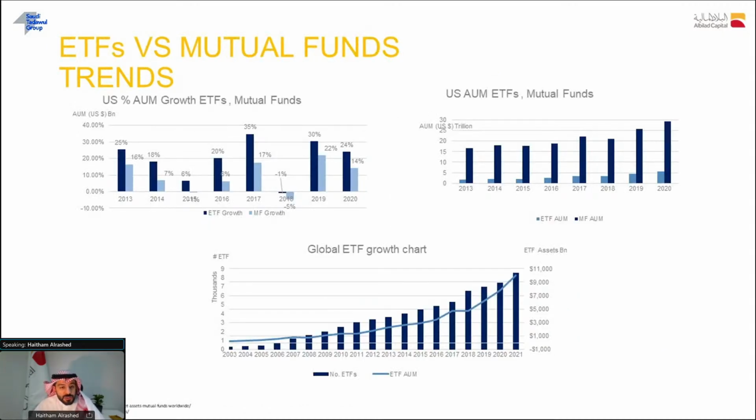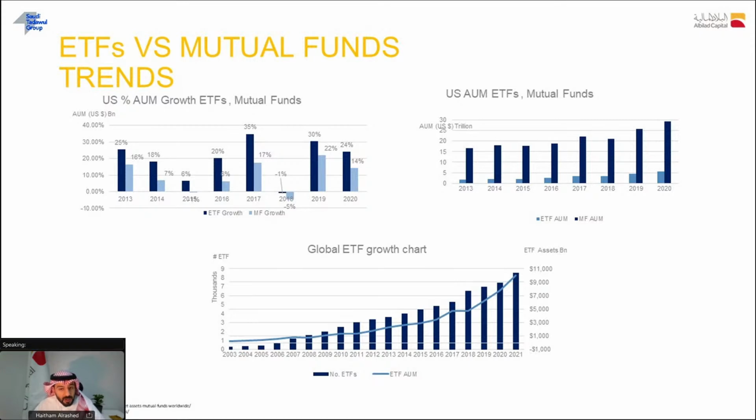Again, this slide shows the global ETF AUM in the first 2 graphs on the top. On the left, US market AUM growth versus the mutual fund growth. The US market has seen a huge growth in AUMs of ETFs compared to mutual funds. We can see it's more than 10%, varying between 10 to 15% difference between the growth of mutual fund AUM compared to ETF.